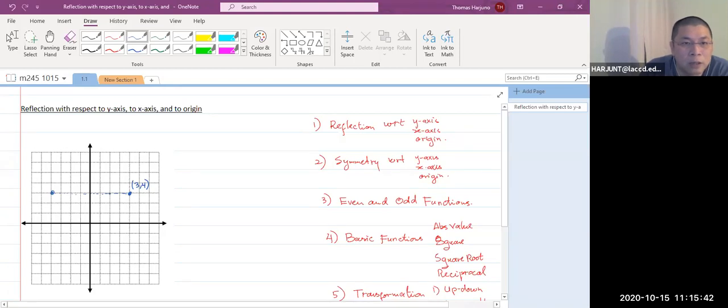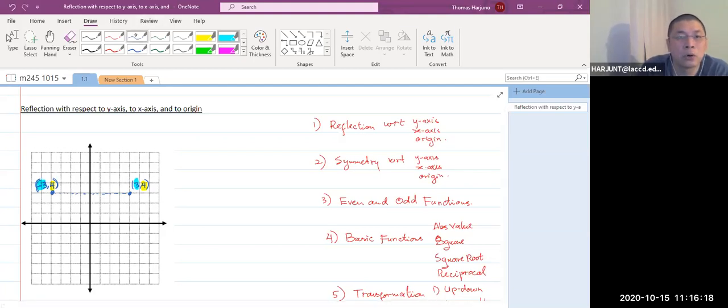And then I reflect that with respect to the y-axis. What will the coordinate here be? That will be negative 3, 4. Is that right? Now notice that when you reflect with respect to the y-axis, the y component stays the same. The x component, the one gets the opposite. Are you with me?